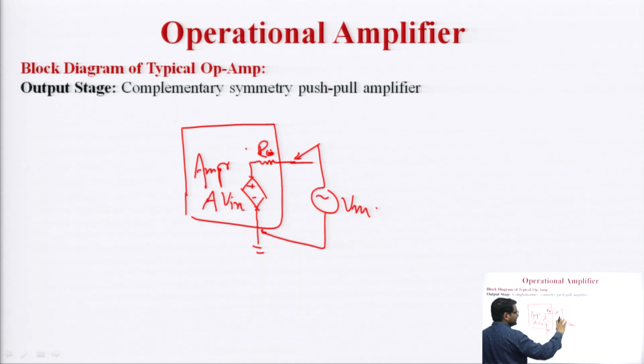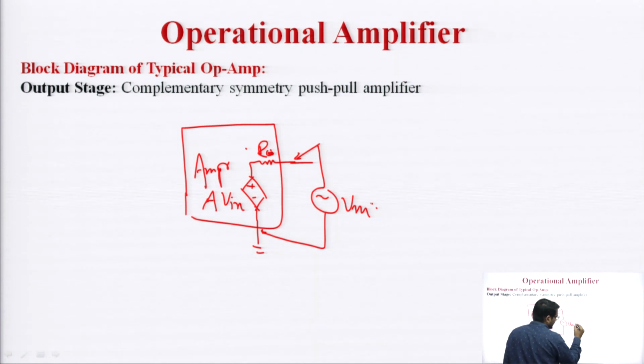If we measure with the multimeter, that is the VM, we want VM. So ideally VM will be A V in.